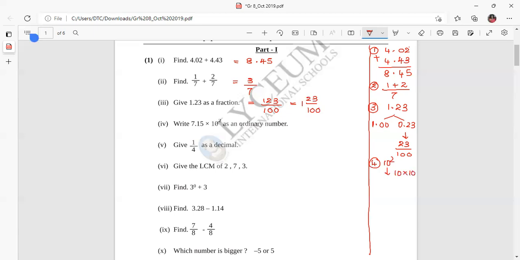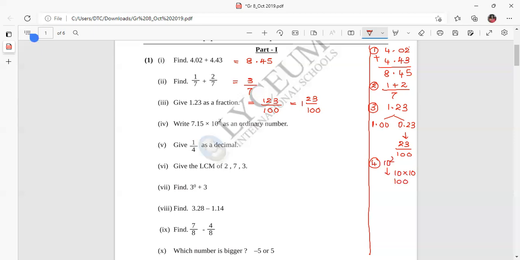You have learned the indices when you were in grade 7, right? 10 to the power 2, 10 is the base value, 2 is the index, and this index tells us how many times we need to multiply the base value 10, right? As we have the index 2, I want to multiply the base value 10 two times. 10 times 10, it is 100.